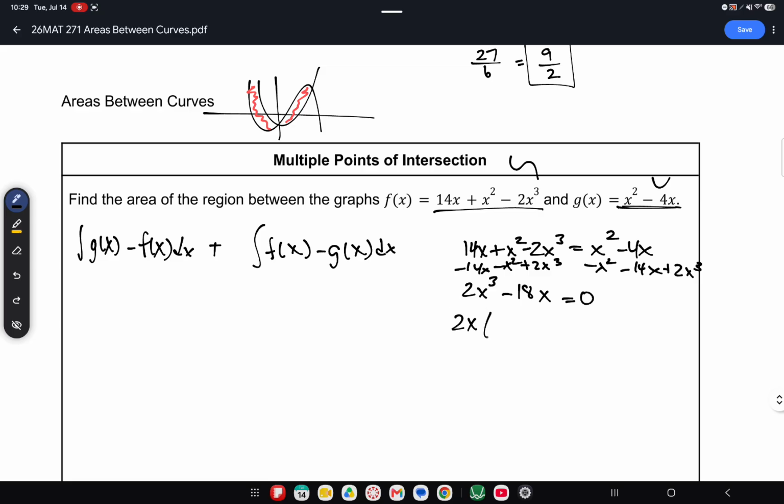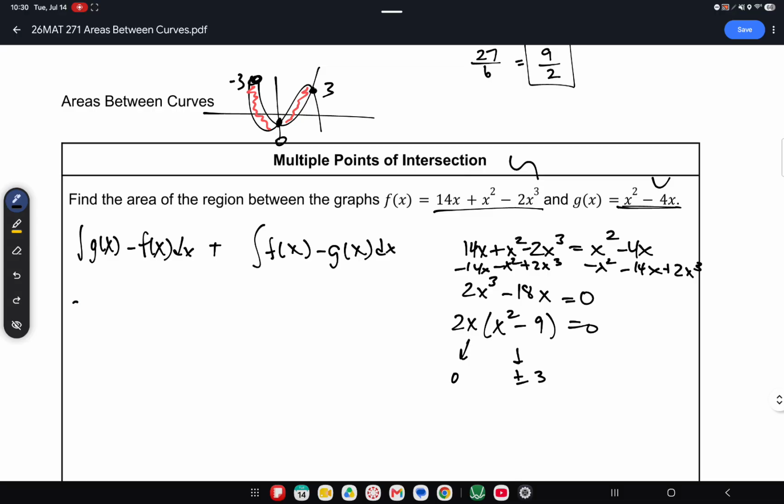Take a GCF, and I'm left with x squared minus 9. So my intersection points are 0 and plus and minus 3. So on my little picture here, I would have an intersection here at negative 3. My picture's not the best. This is supposed to be at, still x is 0. And then x is positive 3.